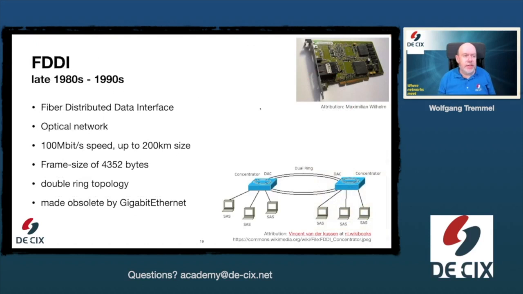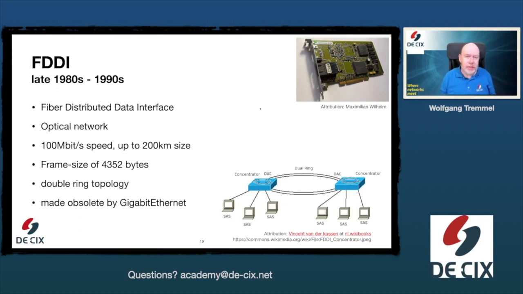A kind of a successor to Token Ring was called FDDI, and FDDI was the first network which only relied on fiber network connections. Instead of one ring, it used 2 rings for redundancy. It had a speed of 100 megabit per second and could be 200 kilometers in size because of fiber.